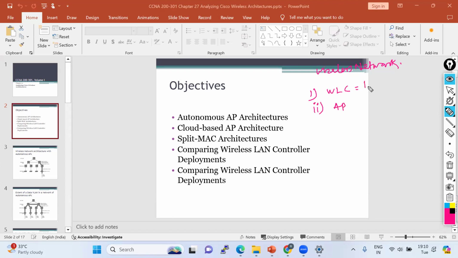What is a WLC? You might write here wireless controller. And what is an AP? That is an access point.